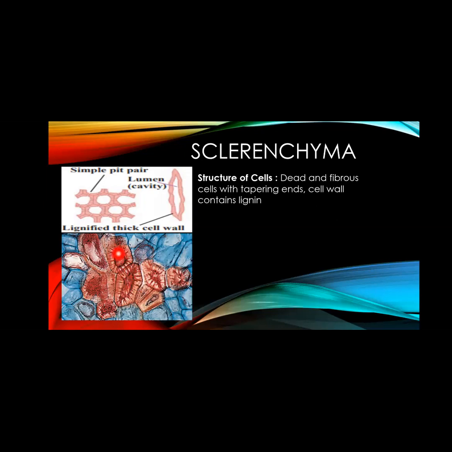The cytoplasm has dried up because it is a dead cell. The cell is entirely covered by the pigment that is called lignin. Hence, they are called lignified cell walls.